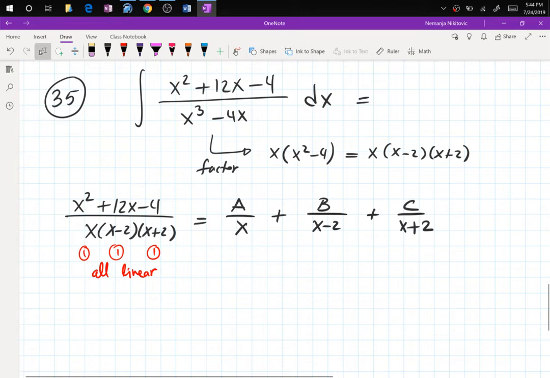The next step is to add all of the fractions on the right so that we can compare and eventually calculate A, B, C. Now, when I teach this in algebra, I say to my students, let's play the game of what's missing for each one of these terms, because you are supposed to add them.